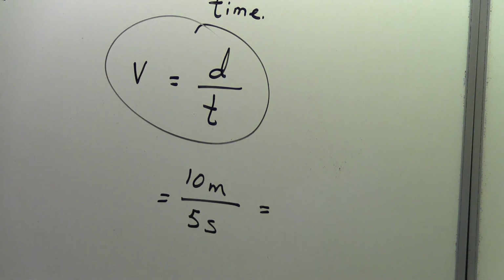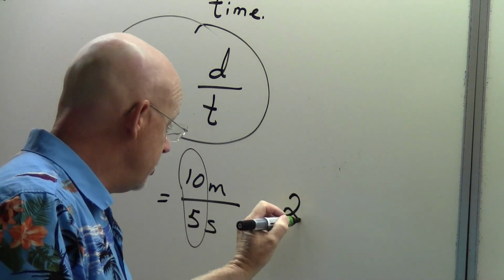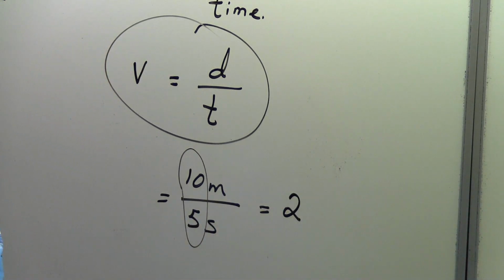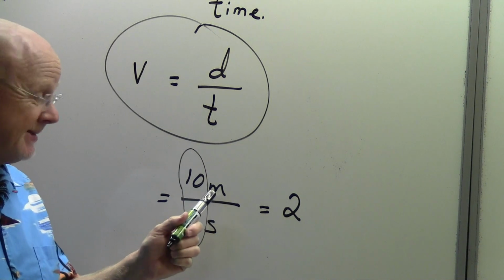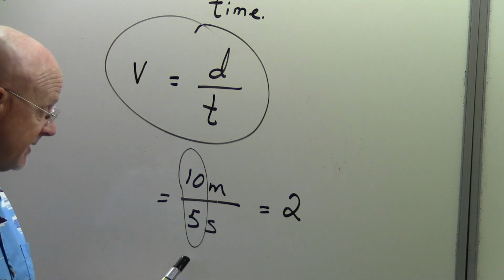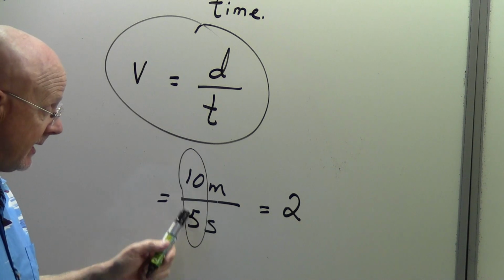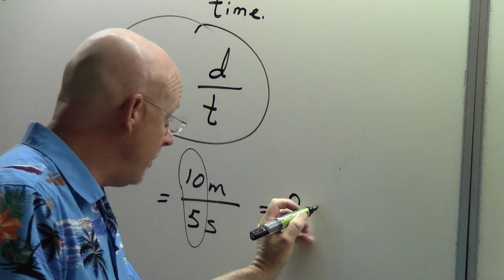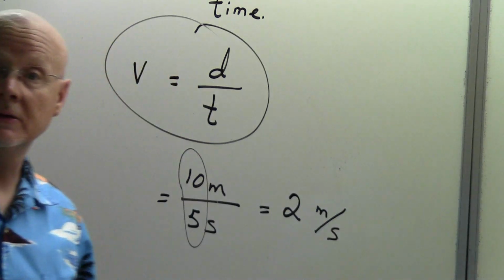Now, if I do some math here, I'll start with the easy stuff. The 10 divided by 5 is 2. But let me make this real clear from the first lecture here. This means 10 times m. This means 5 times s. So if I divide, what I'd be left with would be a meter divided by a second.